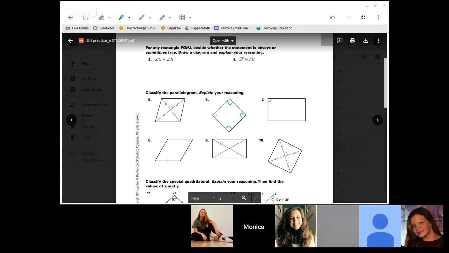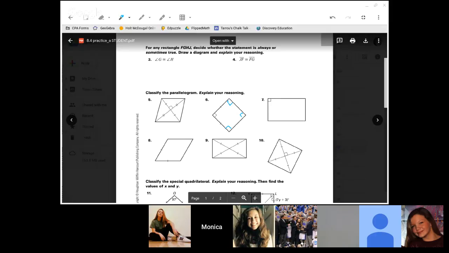What do we know about that shape? The diagonals are congruent. And what kind of angle do they meet at? So they are perpendicular, right?